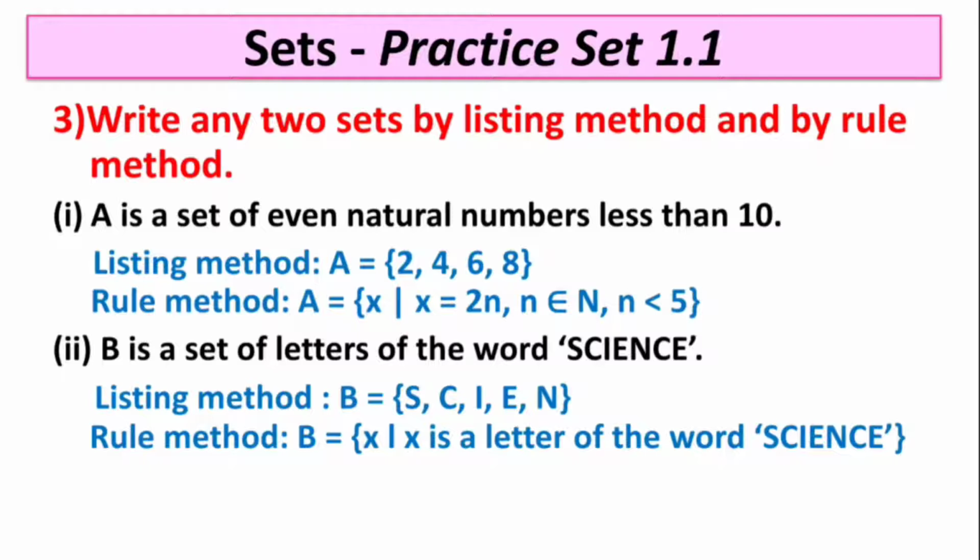While in rule method, B is the set of all x such that x is a letter of the word science. If you have any doubt about listing method and rule method, please go through lecture number 1.